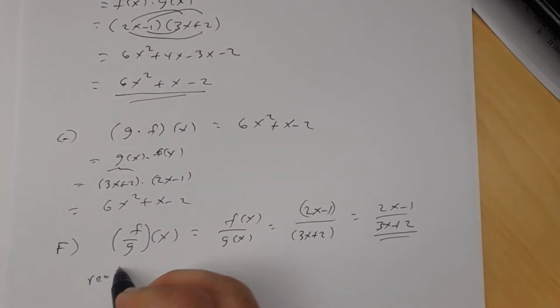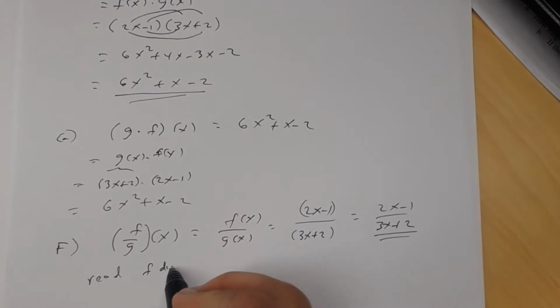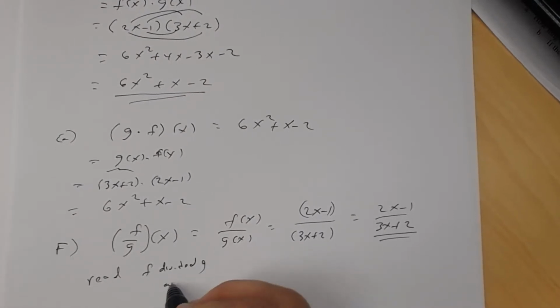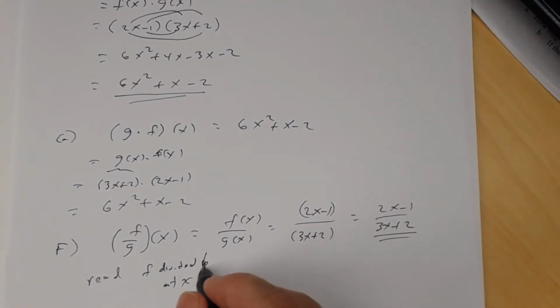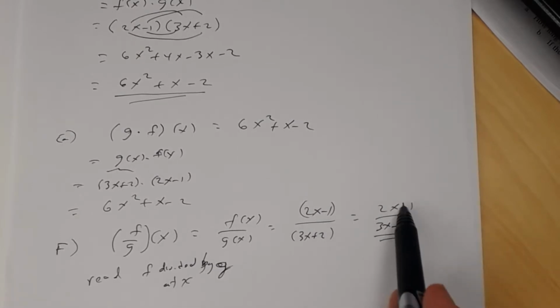So f divided by g at x, that's how you read this. So f divided by g at x is f of x divided by g of x. So that's 2x minus 1 divided by 3x plus 2.